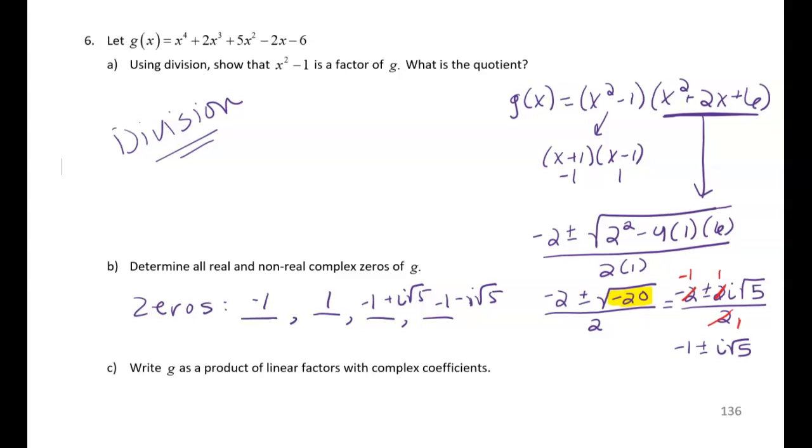All right, and so now we need to do this last little step down here where we write g as the product of linear factors with complex coefficients. So basically we just want to make sure we write g of x out with each factor listed separately, okay? So you're going to have your answers that we had up here earlier, the x plus 1 and the x minus 1.